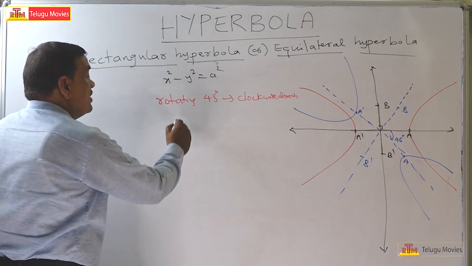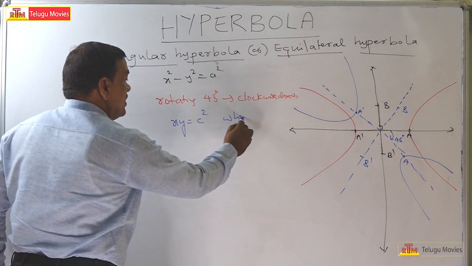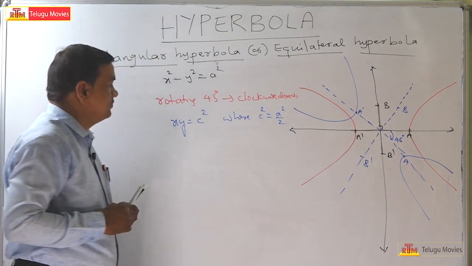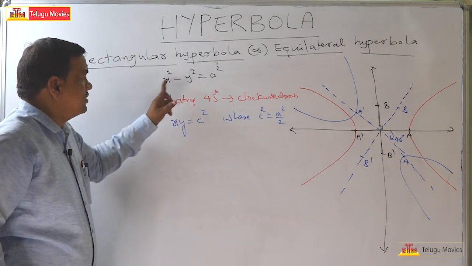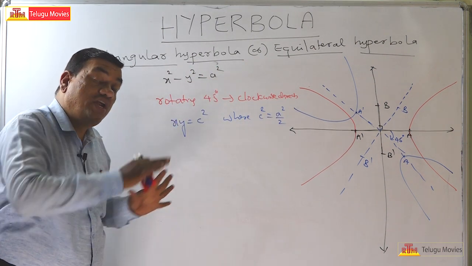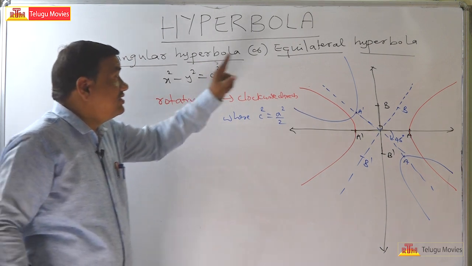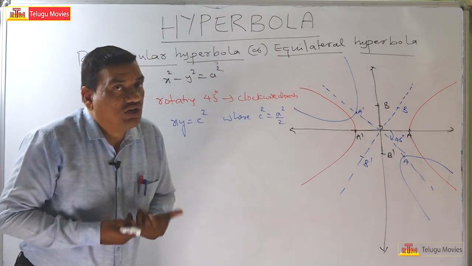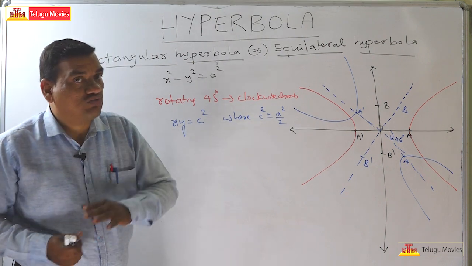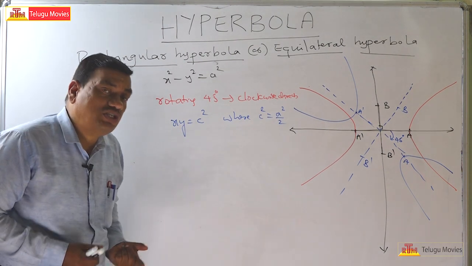Now the equation of the rectangular hyperbola is xy is equal to c square, where c square is equal to a square by 2. So here you see x square minus y square is equal to a square in the original form. After rotating both the transverse and conjugate axes by 45 degrees in the clockwise direction, the transformed equation is xy is equal to c square.